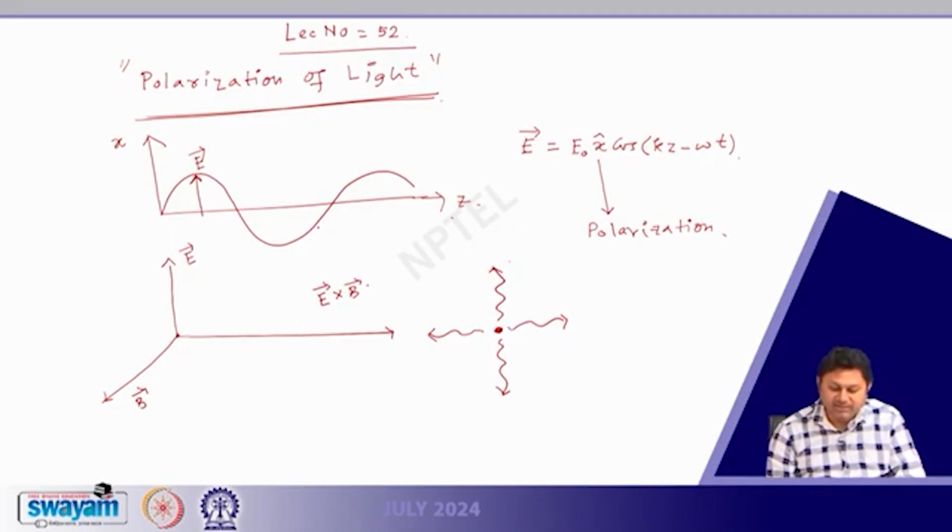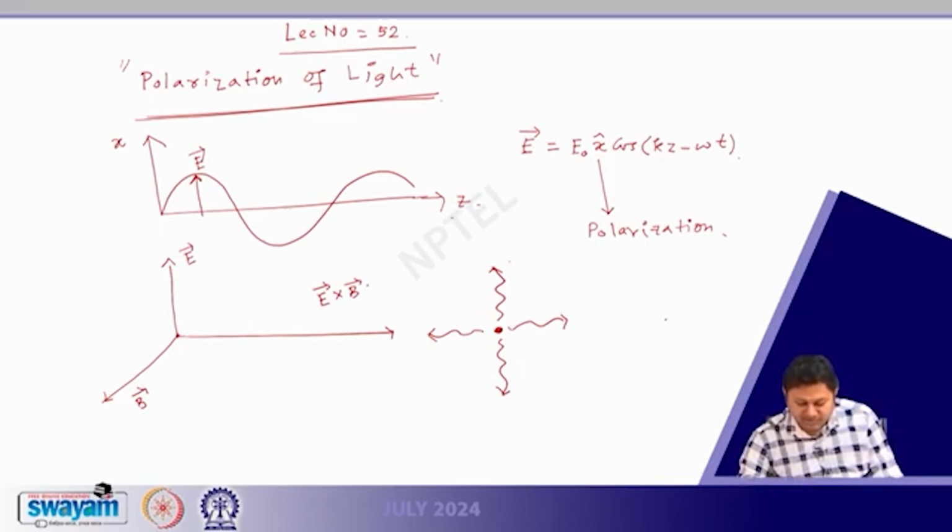So, whatever light in real life we observe is heavily unpolarized, because its polarization direction is not uniquely defined in a particular direction, rather it is changing all over the space.